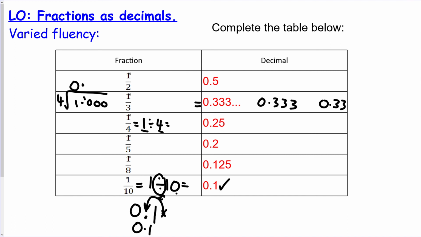I then carry the 1 across. 10 divided by 4 is 2, remainder 2. And then 20 divided by 4 is 5. And I can see that 0.25 is exactly the same as I get if I know my learn by heart fact. So we can use the methods that we've done today to help us if we forget our learn by heart fact equivalencies.